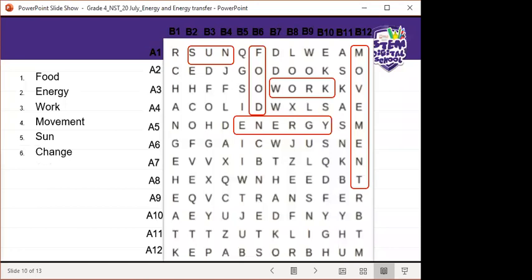Next word is change. Where can we find change? I also see you guys who are answering using the group chat. Okay, I see you. Where do we find change? Ma'am, it's A3 to B1. I mean A2 to B1.